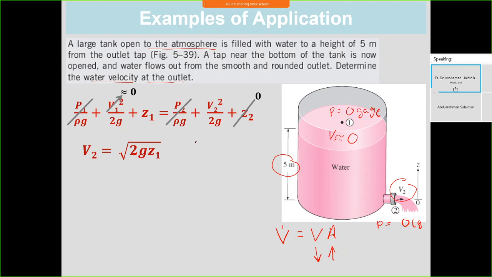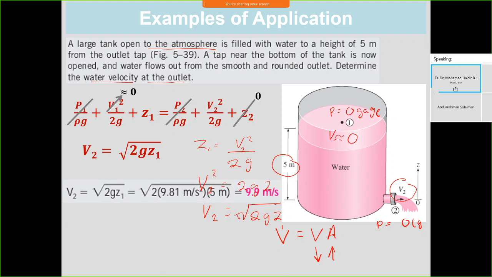Actually the equation is Z equals V2 squared over 2g, so V2 squared equals 2gZ, and then V2 equals the square root of 2gZ.